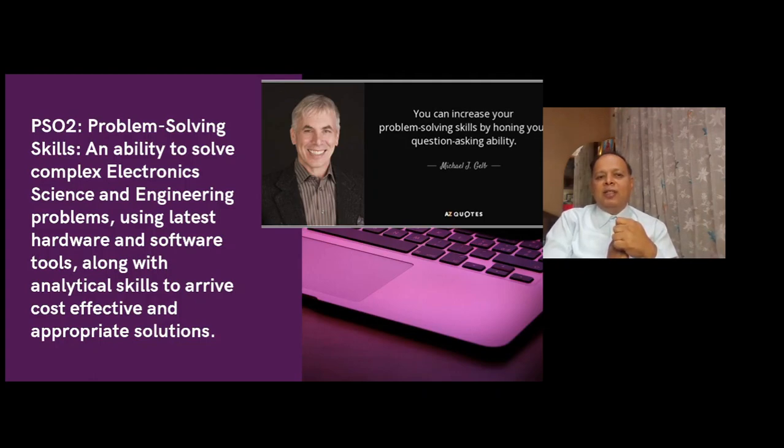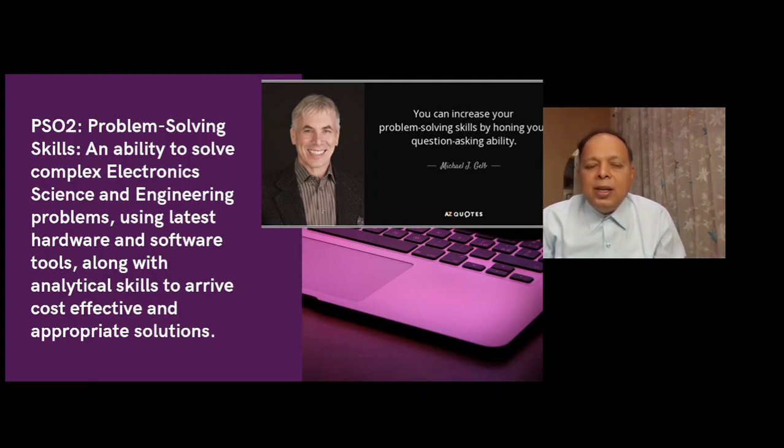Actually, asking questions is very important, because by asking a simple question, you can gain the vast experience of the speaker in front of you, because most of the professors who are teaching you have experience of something like 20 years, 25 years. By asking a simple question, you are getting the benefit of their 20 or 25 years of experience. So problem solving skills really go in proportion with your skills of asking questions.